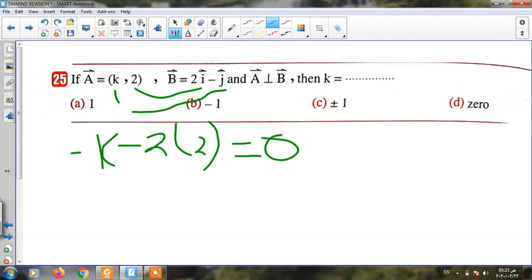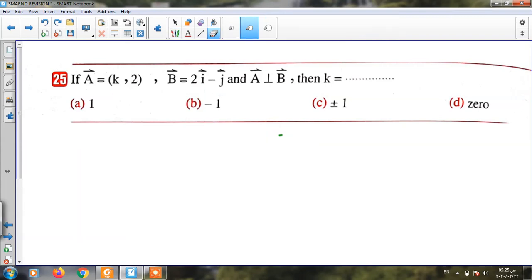K times negative 1 minus. If the two vectors are perpendicular, we use x1 x2 plus y1 y2 equals 0.